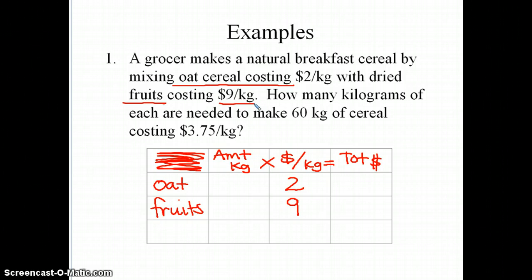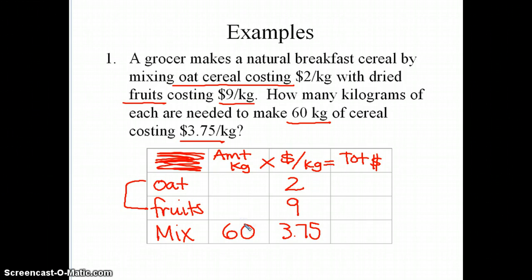And then my final sentence says how many kilograms of each are needed to make 60 kilograms of a cereal costing $3.75 per kilogram. So I'm going to take the oats and the fruits and mix them together into our new cereal. That new cereal is going to cost $3.75 per kilogram, and I want 60 kilograms of it. So I have my 60 there.